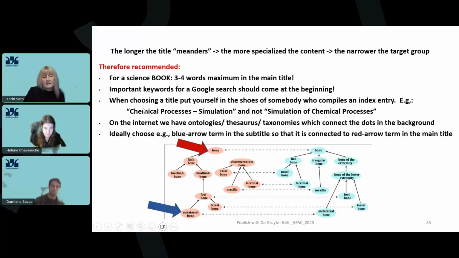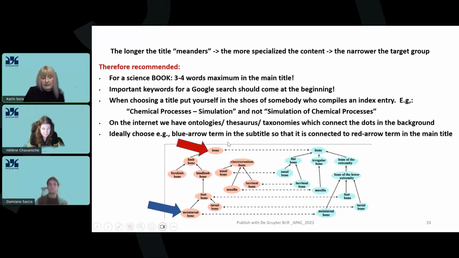So when choosing a title, put yourself in the shoes of somebody who compiles an index, for instance, like Chemical Processes Simulation, and not Simulation of Chemical Processes. So a book title shouldn't sound like this. It should be Chemical Processes Simulation. So on the internet, we have ontologies, thesauri, taxonomies, which connect the dots in the background.